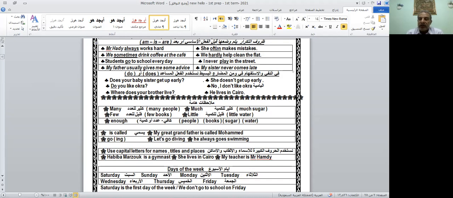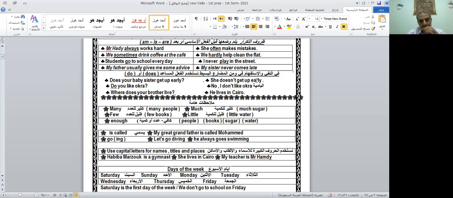Any words that indicate the keywords of the present simple, be careful, you have to put am, is, are before them. But if the verb is not am, is, or are, you have to put often before the verb.